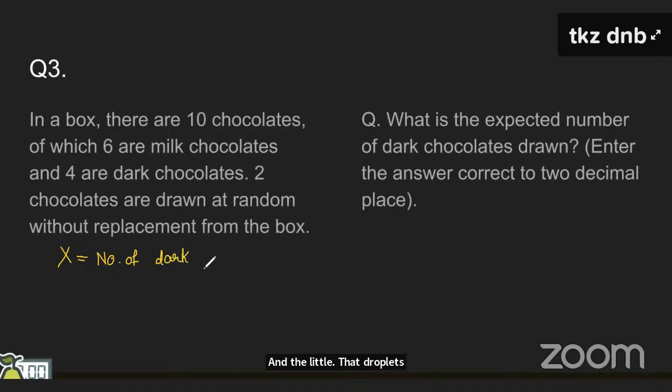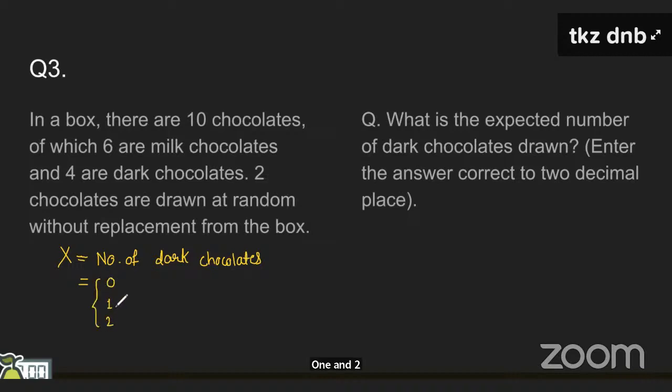What are the values X can take? All four dark chocolates, 1, 2, 3, 4? No, we want to choose only two chocolates. So it can take either 0, 1, or 2.